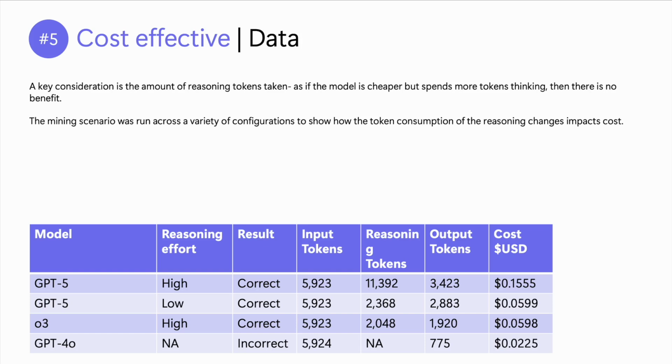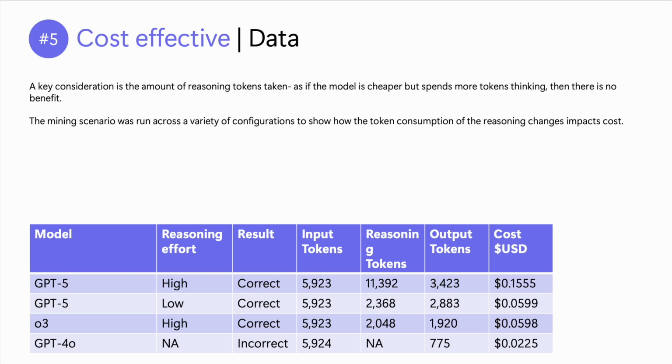Now, it is important to consider how many tokens it takes to achieve that outcome, because GPT-5 has reasoning tokens, which also cost money. So it's not always easy to understand how much something will cost. Here I've put an example where I've run that mining scenario, which is quite large, through a variety of different models with different reasoning efforts. And I've marked if the reasoning effort was sufficient to get the right answer.